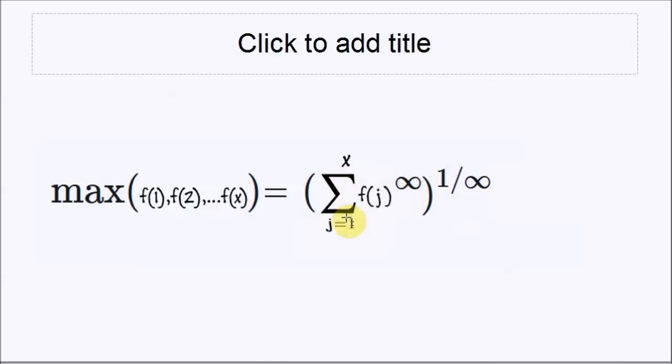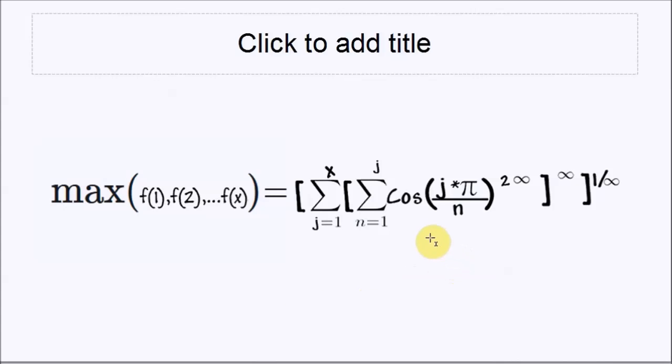But what was my original function? Well, replacing f of x with my original function, which was this sum function which returns to you the number of factors of the equation, I get my final equation as this.